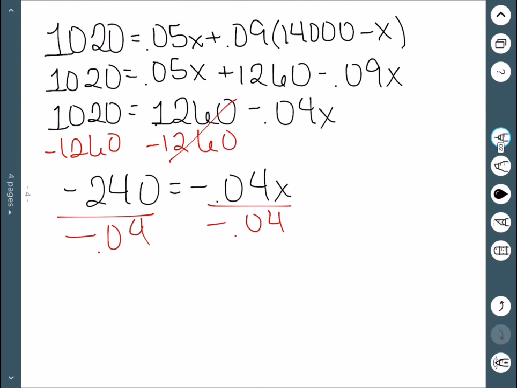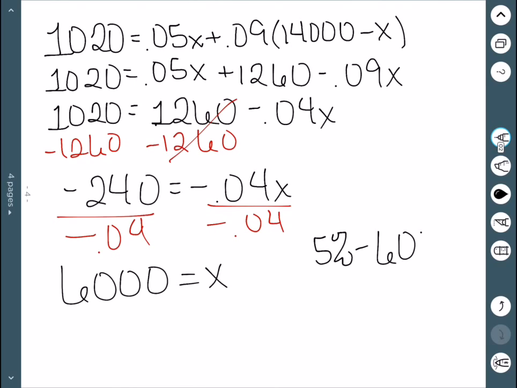And when I do that, I get that x is equal to 6,000. So my 5% account, we should invest 6,000. For the 9%, that was 14,000 minus x, or just the remaining of the 14,000, which is 8,000.